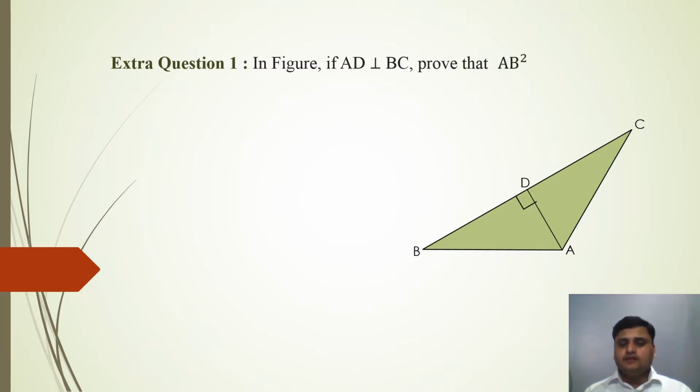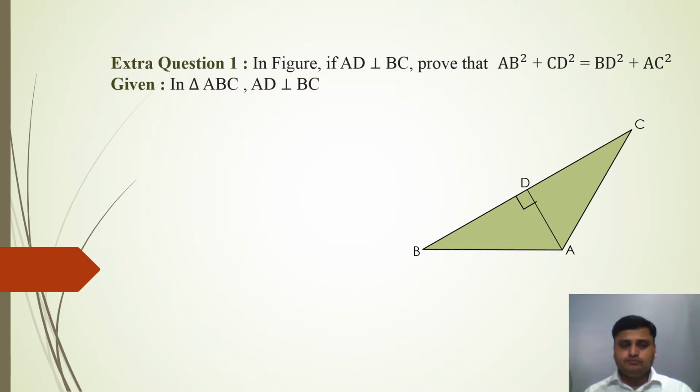In this figure, if AD is perpendicular to BC, then prove that AB square plus CD square will be equal to BD square plus AC square. What we need to prove: AB square plus CD square will be equal to BD square plus AC square.